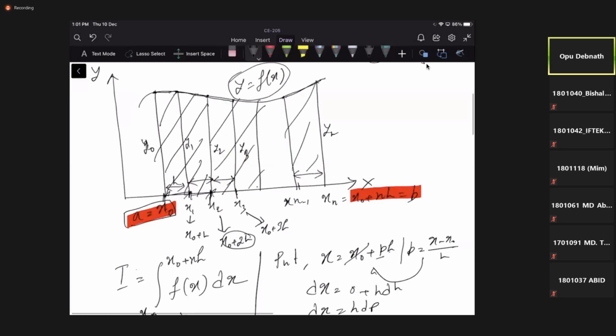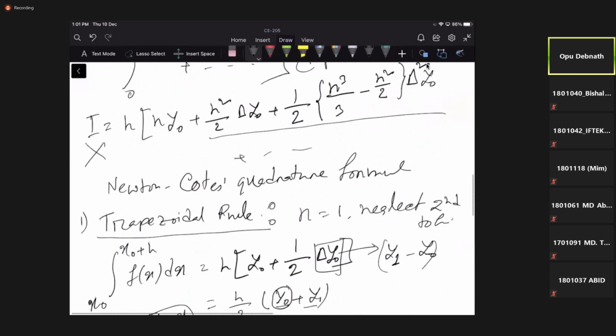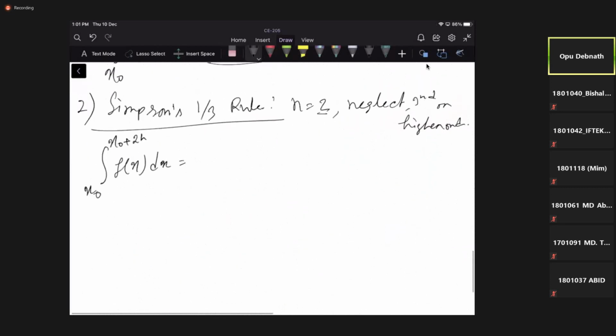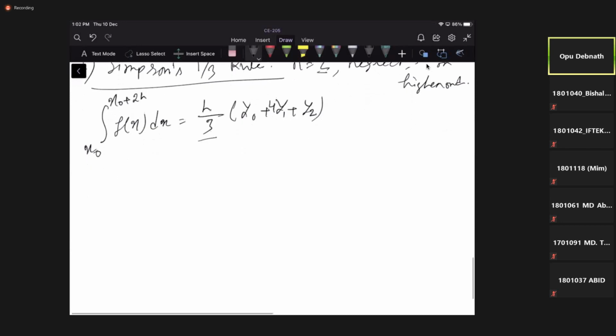We are expanding our range of summation. After simplifying, you will get h by 3 (y0 plus 4y1 plus y2). As this is h by 3, this is known as Simpson's 1/3 rule.